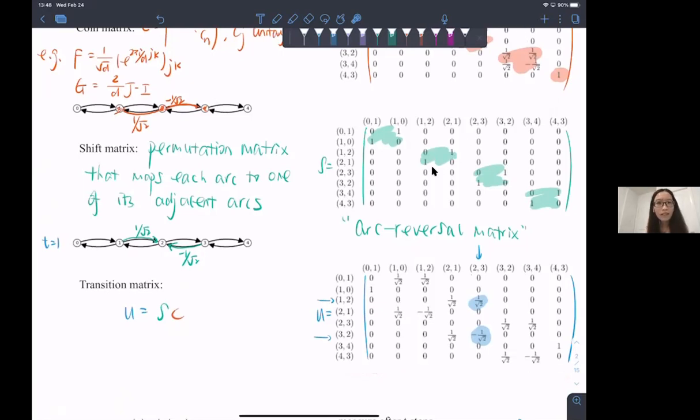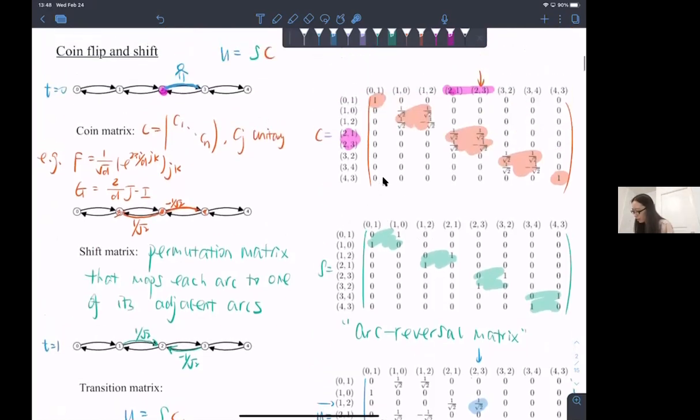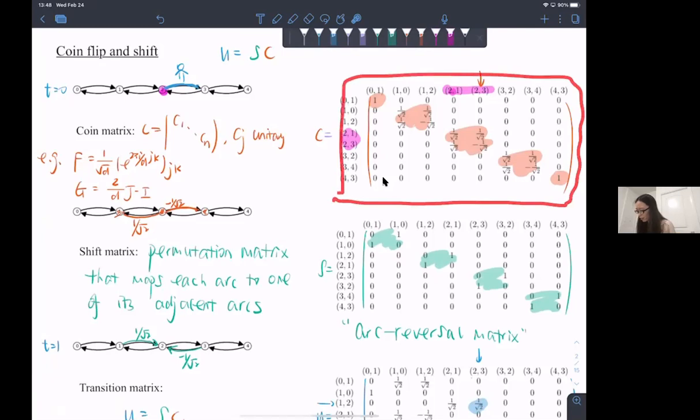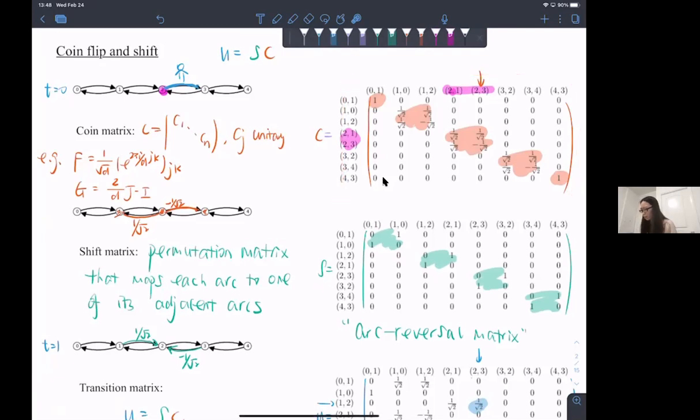So U is a product of two matrices, each of which is a direct sum of small dimensional matrices. And the nice thing about this path is that you can partition them without changing the labeling. But in general, if you express C as a block diagonal matrix, then S is block diagonal with respect to a different ordering of the arcs.